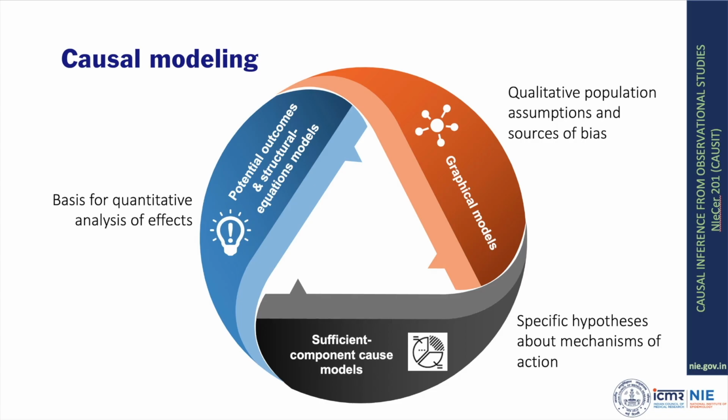We have looked at graphical models that provide us with a qualitative assumption about the relationship between the variables, between the exposure and outcome, and help us identify the sources of confounding or bias when we are analyzing or designing studies. And then we looked at the potential outcomes model and the structural equation models, which provide us with a framework for a quantitative estimation of the effect.